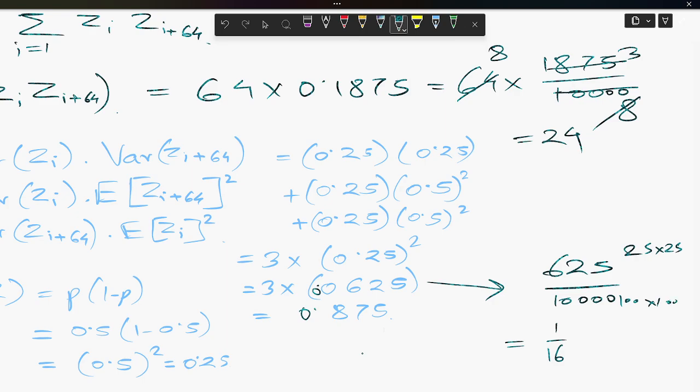So 3 upon 16, and the 64 cancels with the 16 to give 4. So we get 3 into 4, and the final answer will be 12.